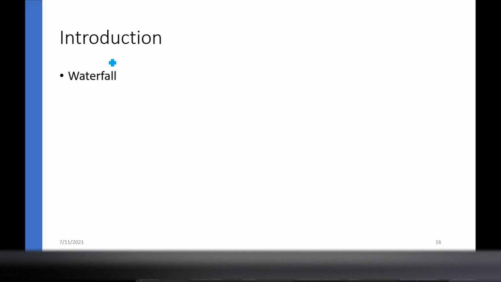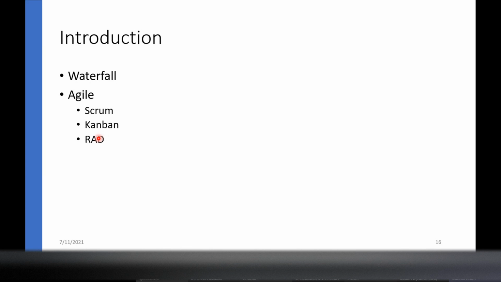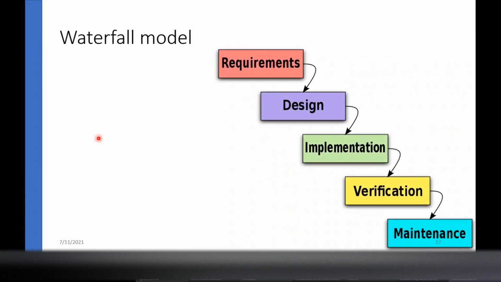Now, what are these software methodologies? Like waterfall, agile. Under agile, there are different frameworks available like Scrum, Kanban, and so on, and Six Sigma. This is another aspect of project management methodology. So basically, I'm going to discuss these methodologies.